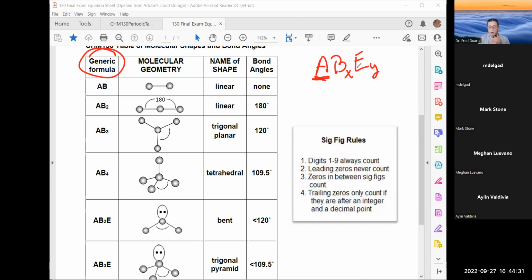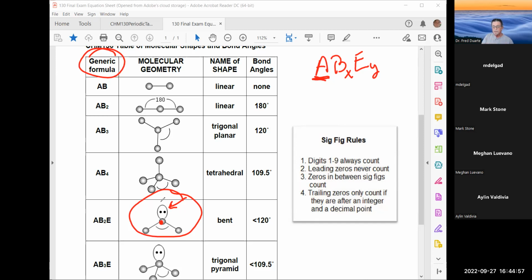And then E represents what is called the lone pair of electrons on the central atom, which in this case is A. You can see in this drawing a lone pair on the central atom. These are electrons that are not bonded to anything. They're just sitting on the central atom.